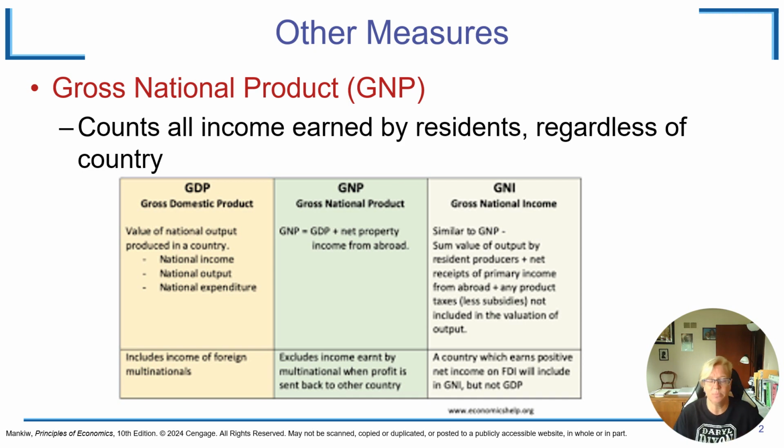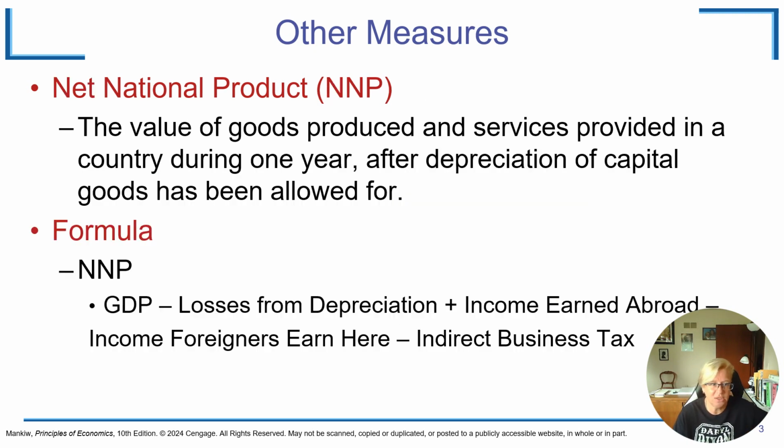So let's go ahead and jump into this, and I've tried to give you some pretty nice formulas. So here's the formula for the net national product. We're going to take GDP, subtract the losses from depreciation, look at the income that's earned by residents abroad and the income that is earned by foreigners here, and then subtract indirect business taxes.